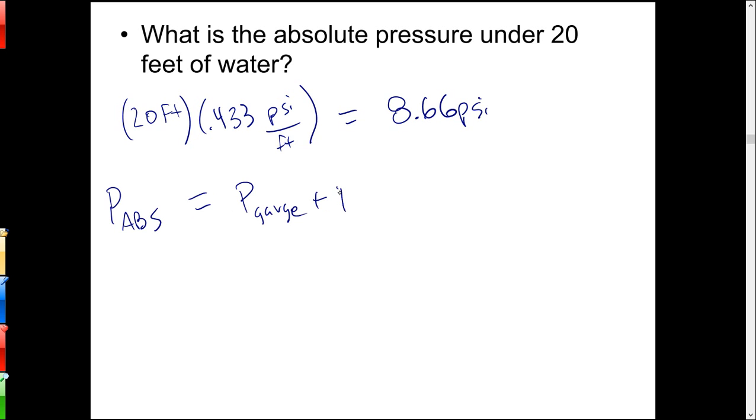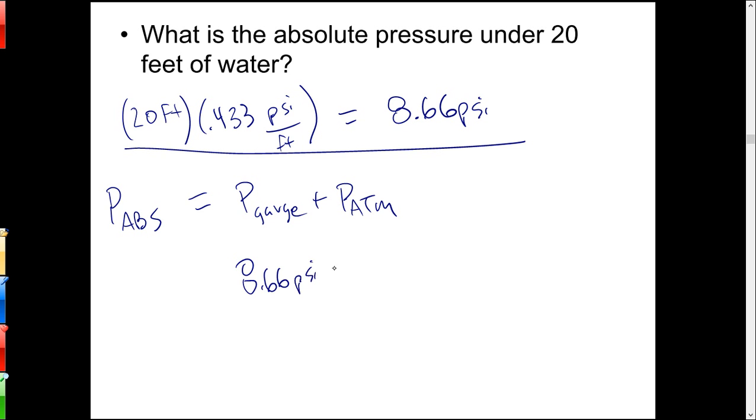But then the relationship that we have there is the absolute pressure is the gauge pressure plus the atmospheric pressure. All right. Now, what I just calculated here, if I just take 20 feet of water times 0.433, that's gauge. So what I would do here, I'd take 8.66 psi and then add the 14.7 psi to it, and then I would get the total.